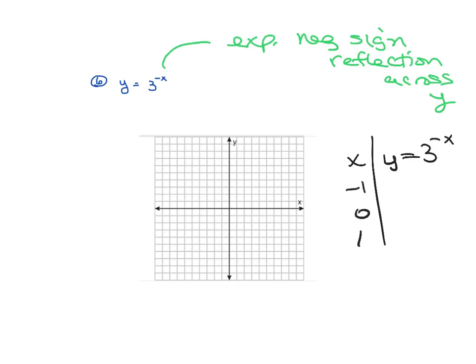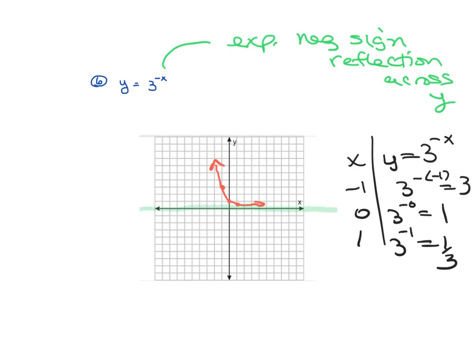So -1, 0, 1. 3 to the -(-1) gives me 3 to the +1, which is 3. 3 to the -0 is just 1. And 3 to the -1 is 1/3. So take these ordered pairs and graph them. And again, we have our horizontal asymptote right here at y equals 0.